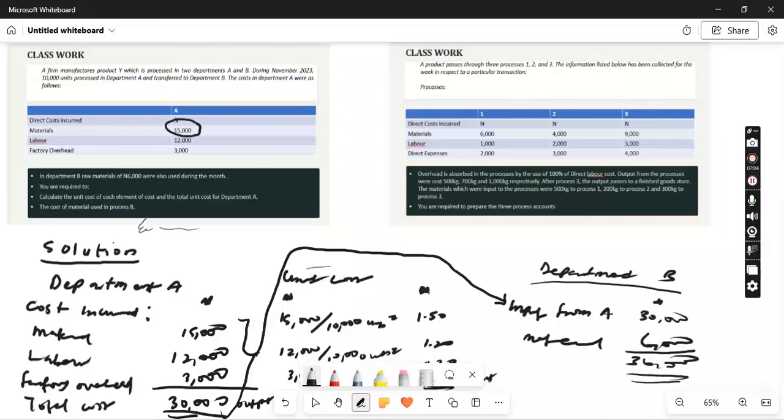At the end of the day, we have the cost of material used in process B, which is 36,000 naira. So this is how we can solve this first question.